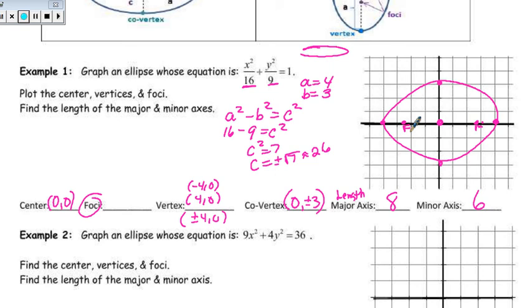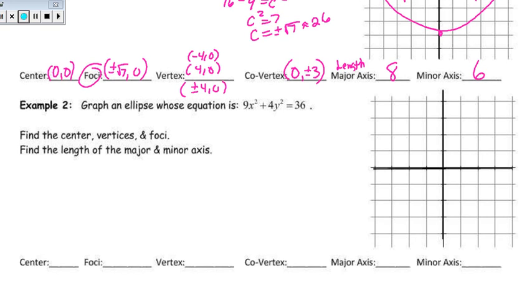So that's what we need there. Since it's off the horizontal, it's going to be based off whatever the x-coordinate is for the center. Since this one is 0, it's just going to be (plus or minus root 7, 0) for the foci. Alright, so let's take a look at example 2.